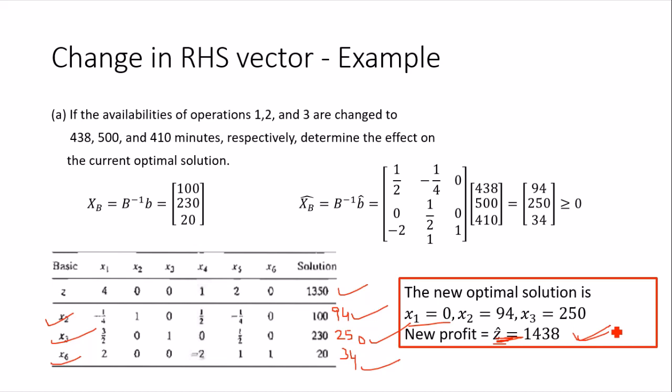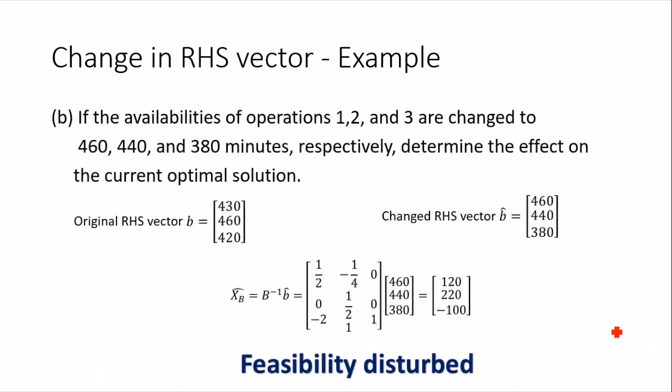On similar lines, we have part B. I've just changed the magnitudes. So now the changes are 460, 440 and 380. So this is your B hat. Exactly on similar lines, we'll be computing XB hat by multiplying with B inverse. B inverse remains the same, can be read from the table. This time the solution is 120, 220, minus 100.